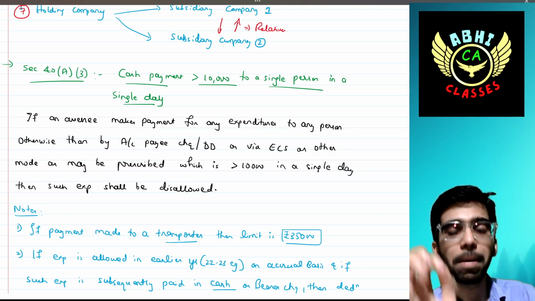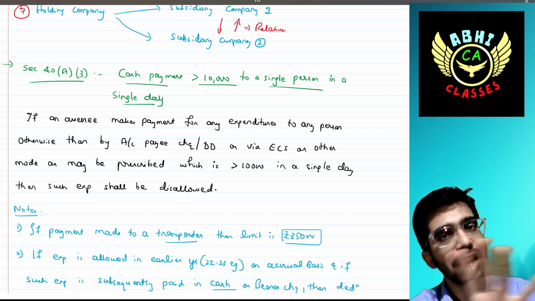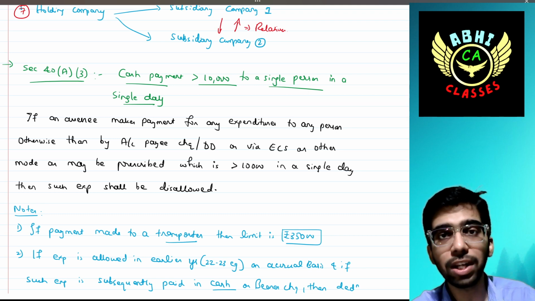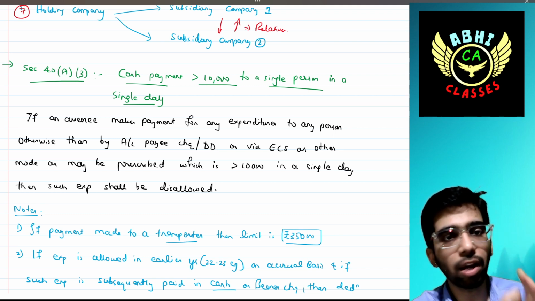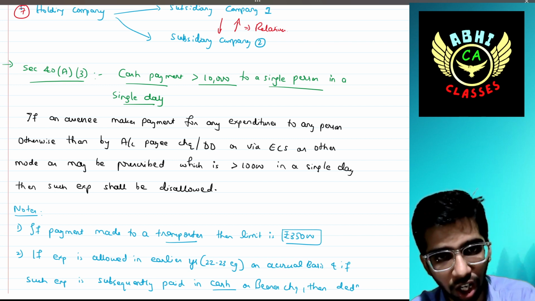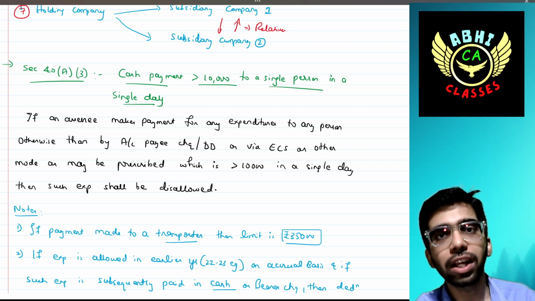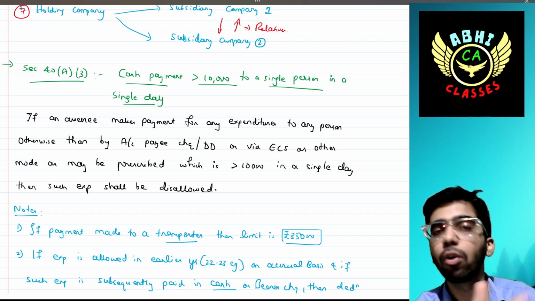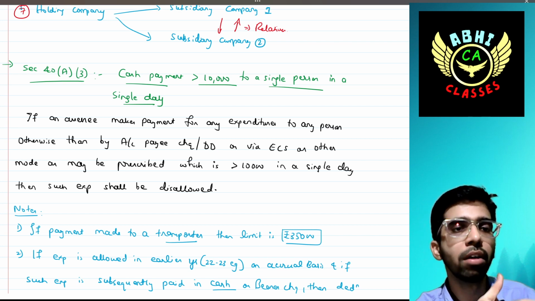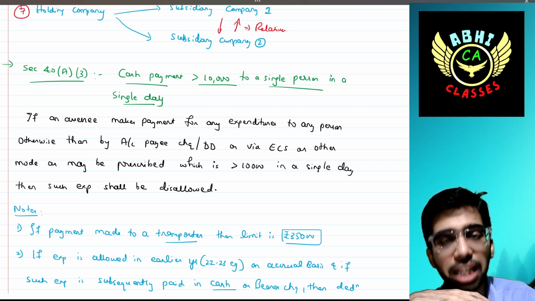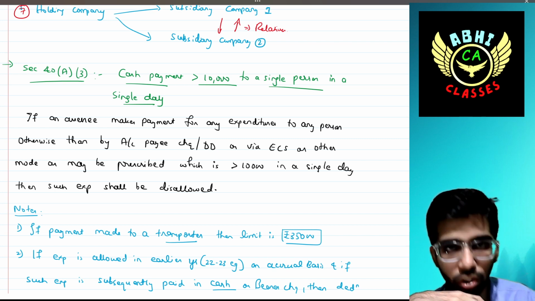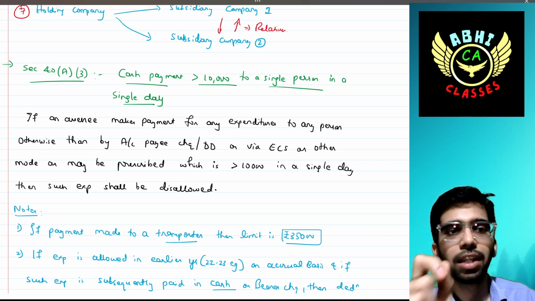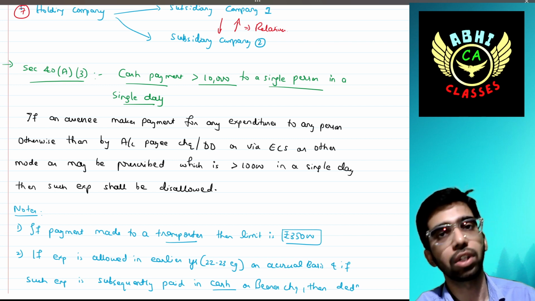If an SSC makes a payment for an expenditure to any person otherwise than by account payee cheque, account payee draft, or through any electronic clearing system or other mode, for example BharatPe, PhonePe, GPay, or as may be prescribed, which is more than 10,000 in a single day, then such expense shall be disallowed.